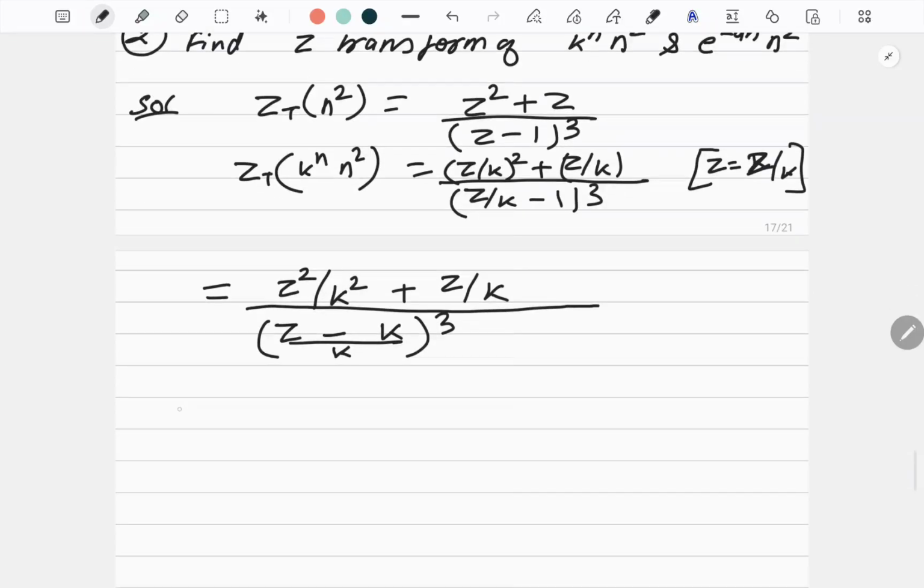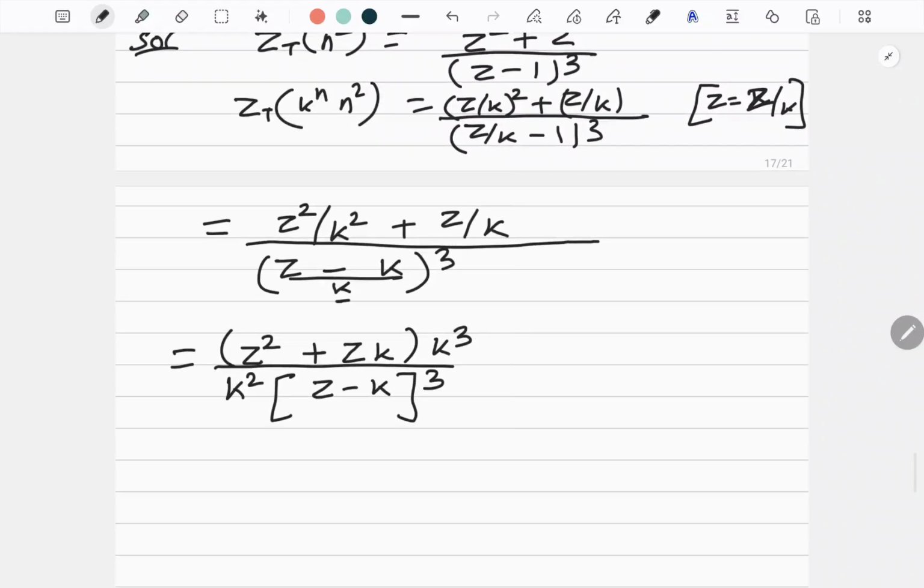Right. Next step, in the numerator I will take LCM, it will be k square. So Z square plus Zk. When you take LCM, k square, and here it is k, so k will go there. And this k square comes and sits here. Here it is already (Z minus k) cube, and this k cube I am writing here.